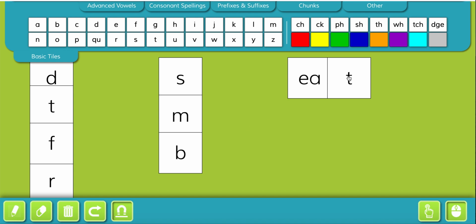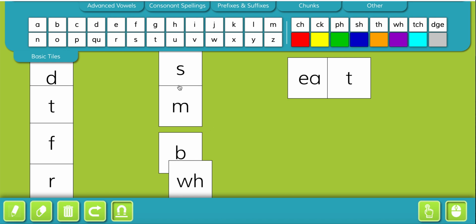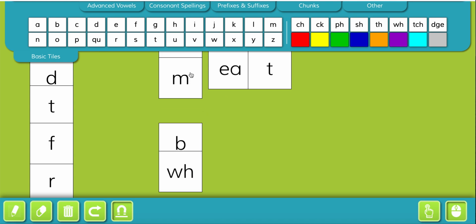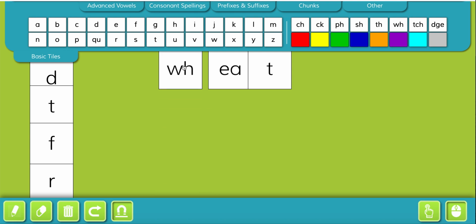And one more. I'm going to get a digraph here. Two letters together make one sound. Wheat. So, lots of different combinations of spellings. This is just one way to make that long E sound with an EA. So we have seat, meat, beat, and wheat.